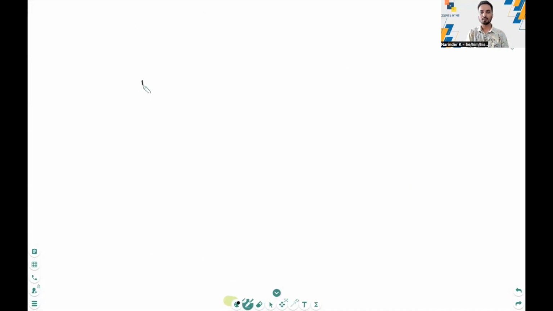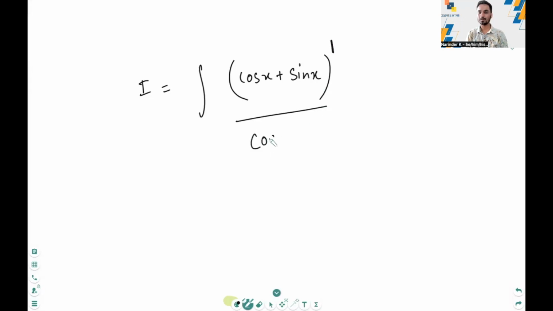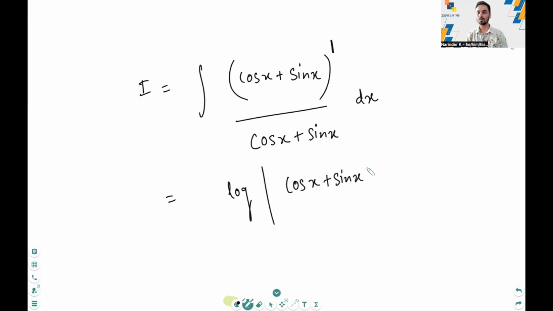So we can write the given integral as the derivative of (cos x plus sin x) divided by (cos x plus sin x) dx. Now, by applying the formula that we discussed earlier, we get log of the denominator, which is the modulus of cos x plus sin x, plus c.